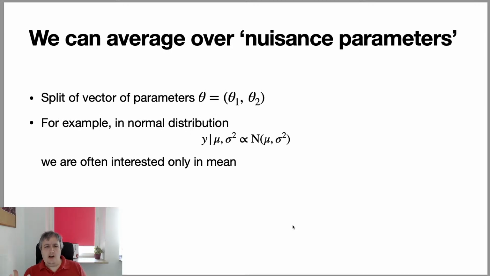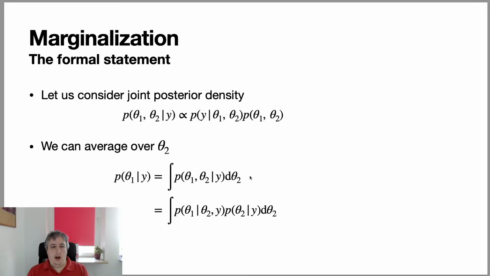Which is of course generally the aspect of splitting a vector of parameters, formally theta, into the part we are interested in and the part we are not interested in. In a normal distribution, like when we are interested in y conditional on mean and standard deviation, we are often interested only in the mean.